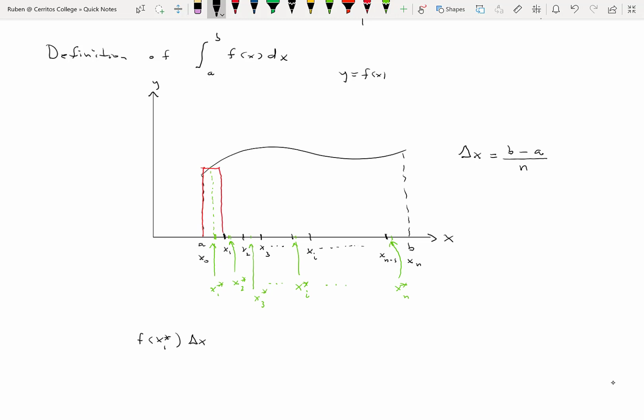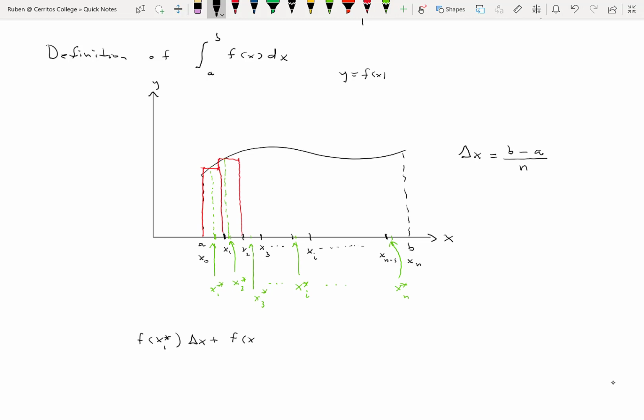And to that we would add the area of the second rectangle, which we would get by going to the second starred x value, x sub 2 star, and going up to the curve at that point. That gives us f of x sub 2 star, the height of my second approximating rectangle. So algebraically, I'm going to add to the area of the first approximating rectangle the area of the second one.